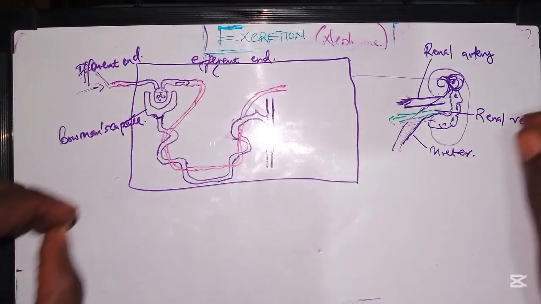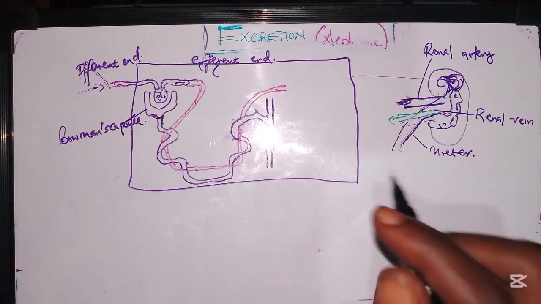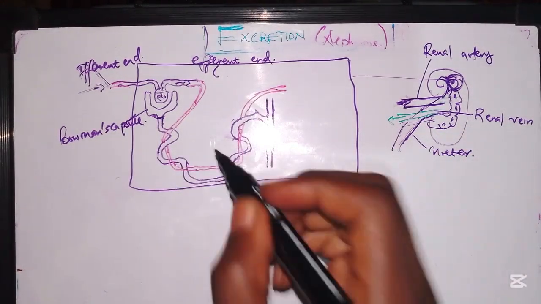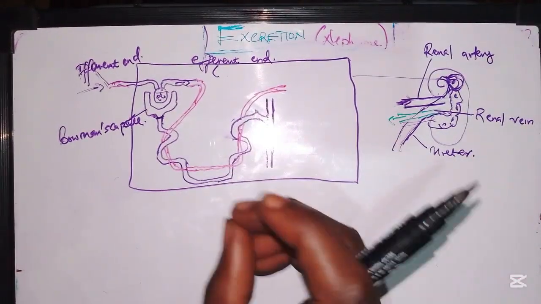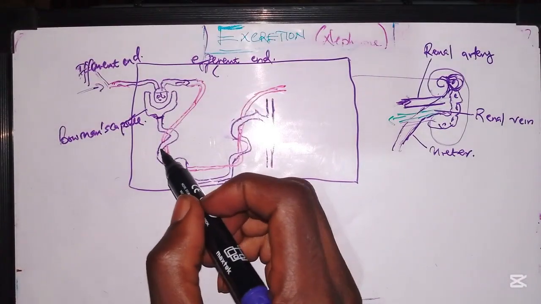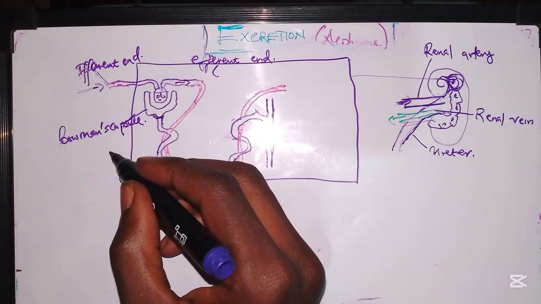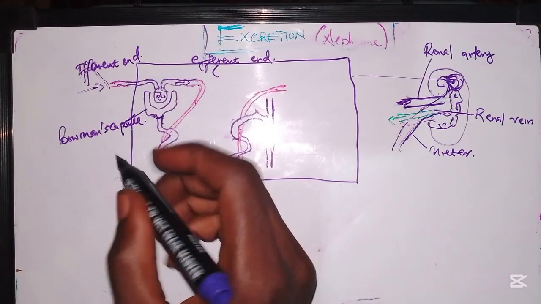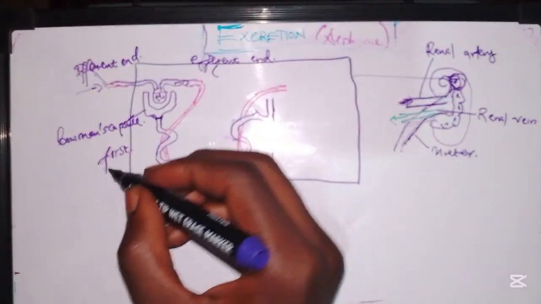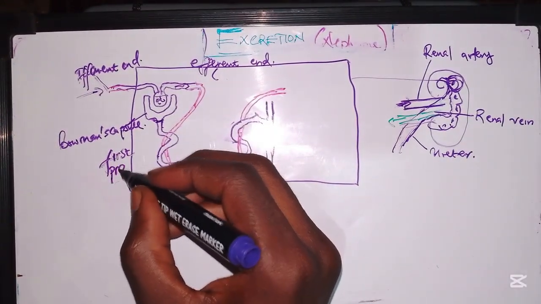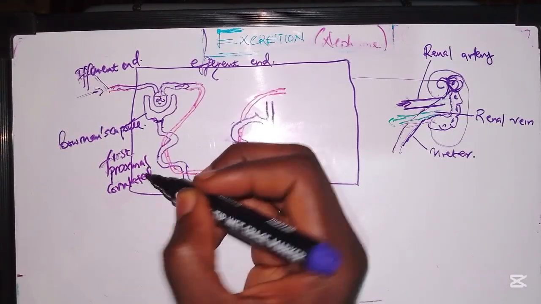For naming, since it is convoluted, entangled with blood vessels, and it is the first part and closer to the Bowman's capsule, we call it the proximal convoluted tubule.